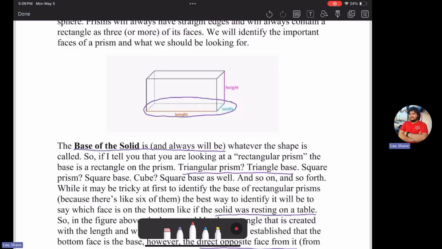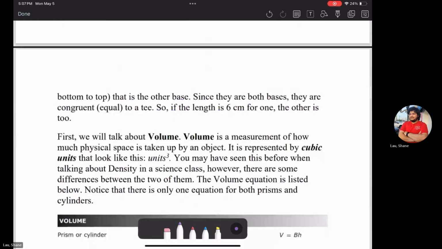So even though I circled this bottom base with purple, this red base is the exact same thing. It has the exact same length, width, area, perimeter, everything. The word I use is congruent because that is the more technical, correct term. If I'm saying something is equal or congruent, that means they are exactly the same thing as each other. So don't get that twisted right now.